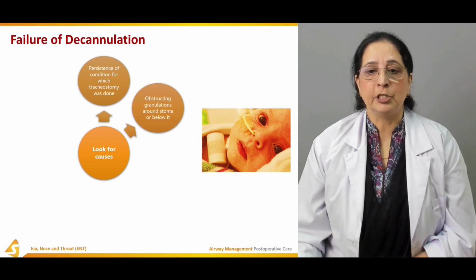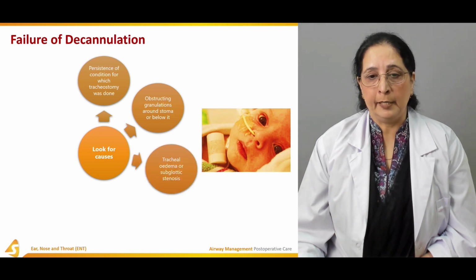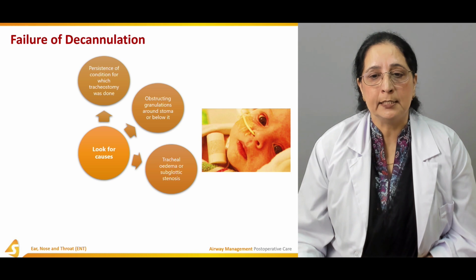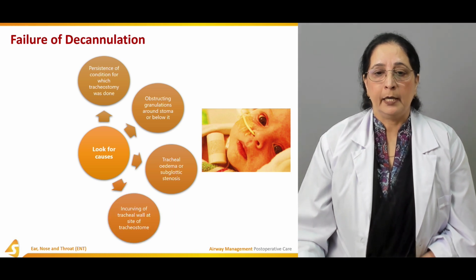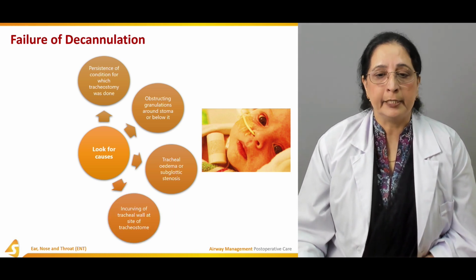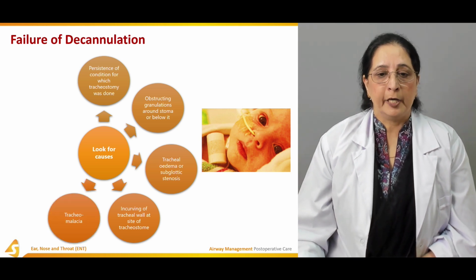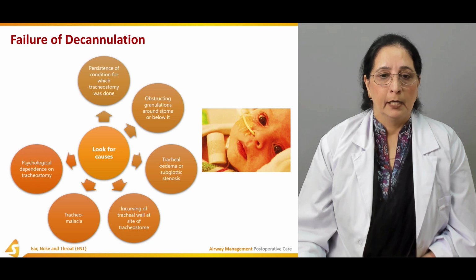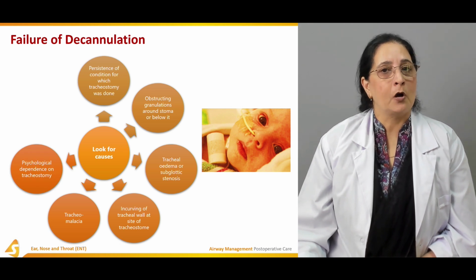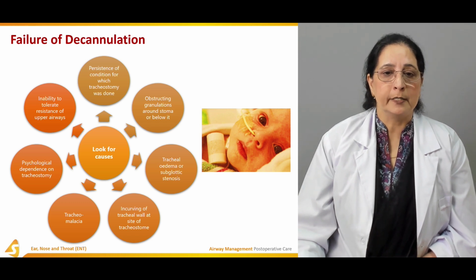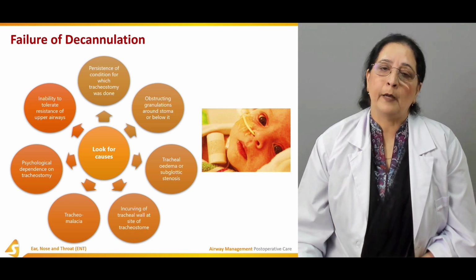Obstructing granulations around the stoma and below it, tracheal edema or subglottic stenosis, incurving of tracheal wall at the site of tracheostome, tracheomalacia, psychological dependence on tracheostomy, inability to tolerate resistance of the upper airway.